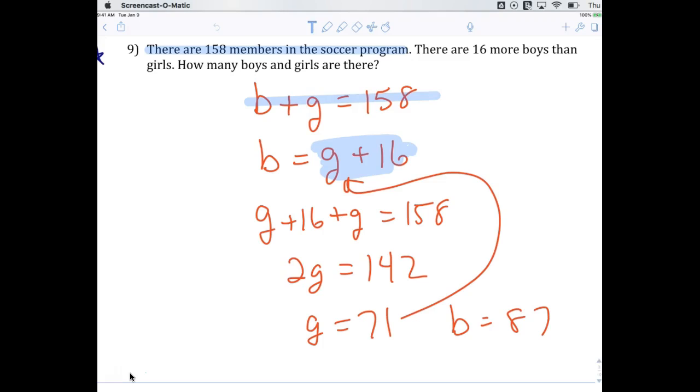So we have boys plus girls equal to 158. And then it says that there are 16 more boys than girls. So those are your two equations. It's set up as a what? System of equations. Everybody good with this? I don't think that was that bad.